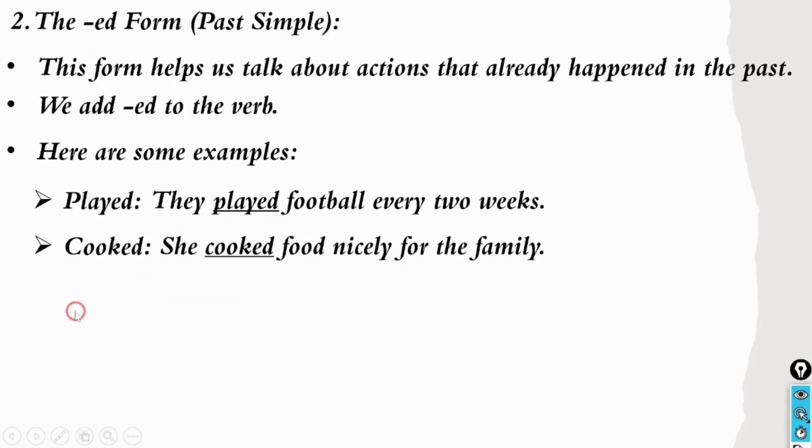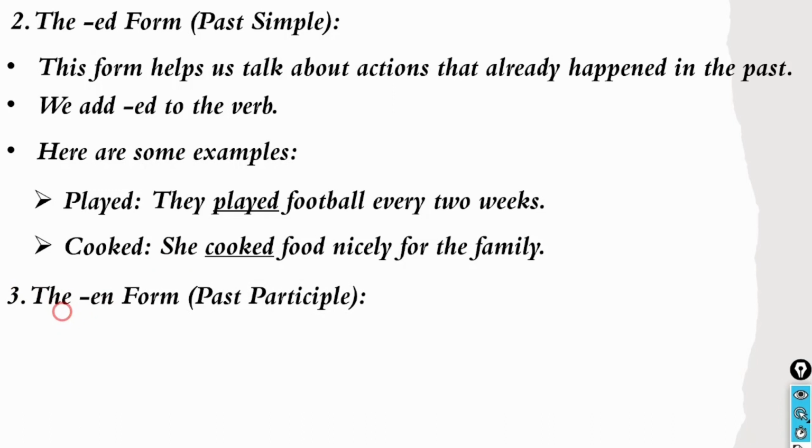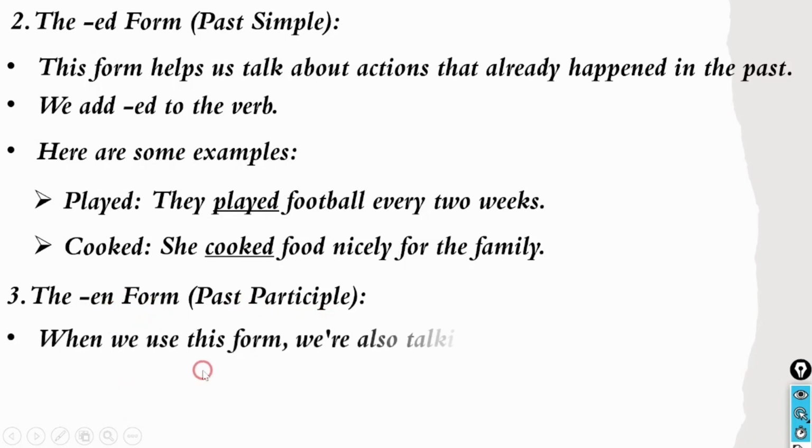Then another one, we look at the third form of a verb. The third one here is called the en form, the past participle. When we use this form, we are also talking about the past, which is why it is called the past participle.